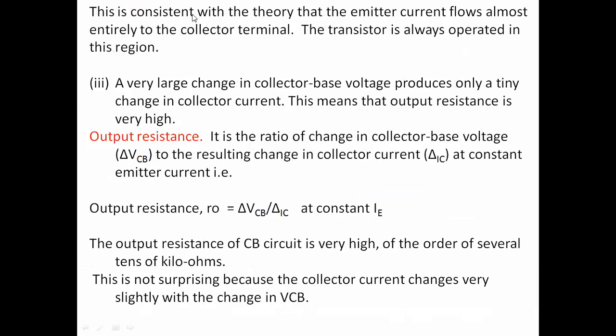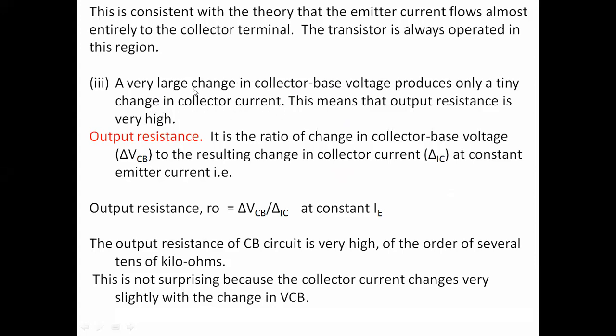So this is consistent with the theory that the emitter current flows almost entirely to the collector terminal. So the transistor is always operated in this region. The next point is that a very large change in collector base voltage produces only a tiny change in the collector current.